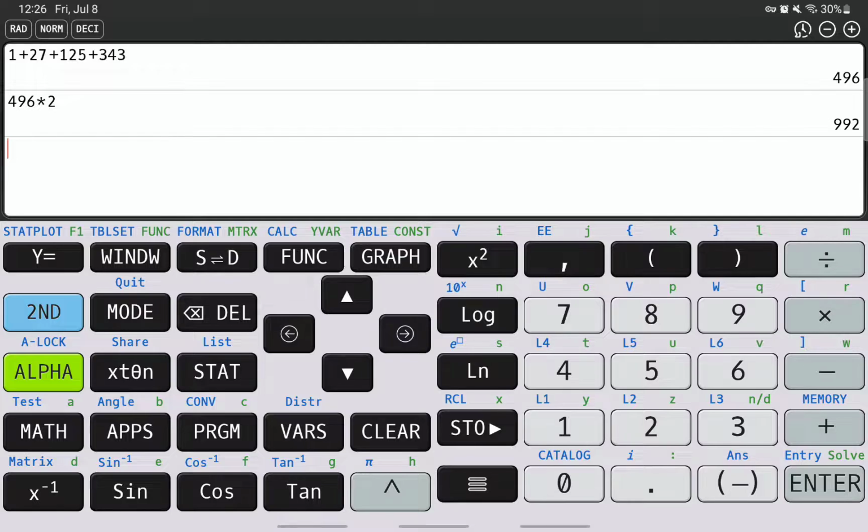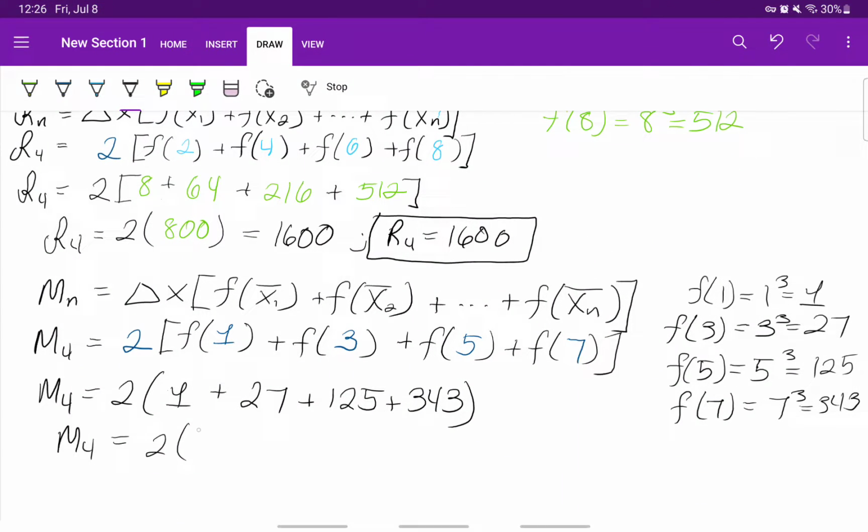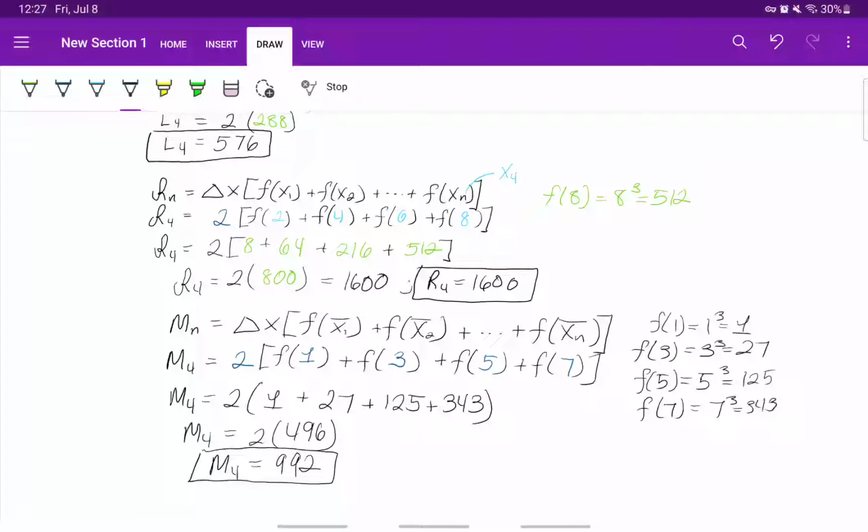There's our area, 992. So this is 496 times 2, 992. And there you go, guys. That is how you find the midpoint, the left, and the right areas.